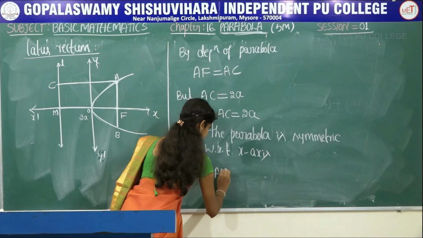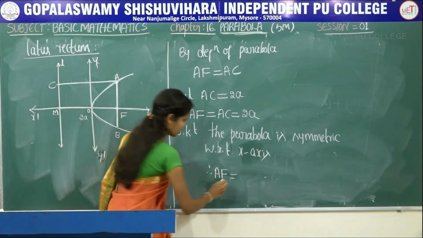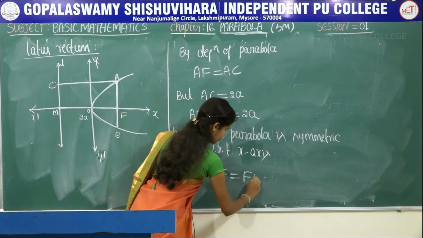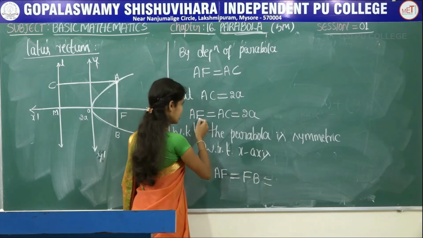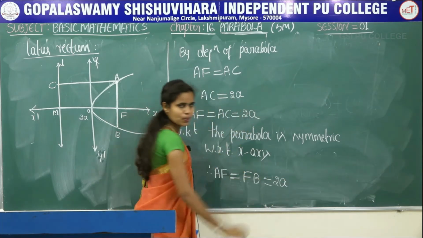Therefore AF is equal to FB. Since AF is equal to 2A, FB is also equal to 2A.